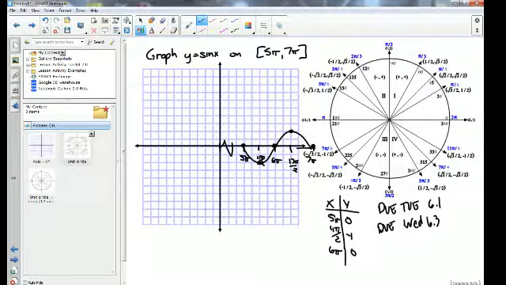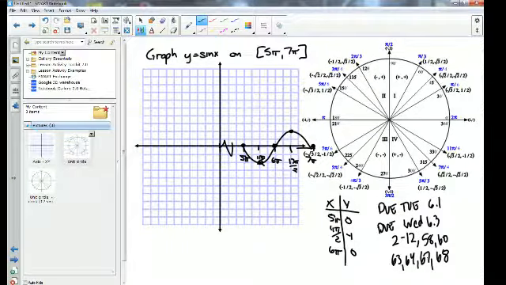For 6.3, do problems 2 through 12, and then 58, 60, 63, 64, 67, 68. So that's today's work.